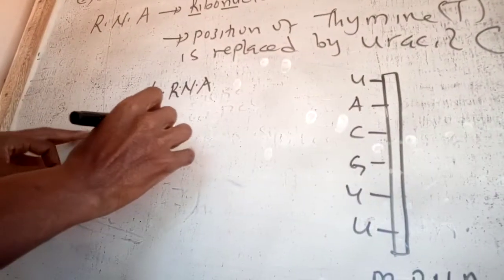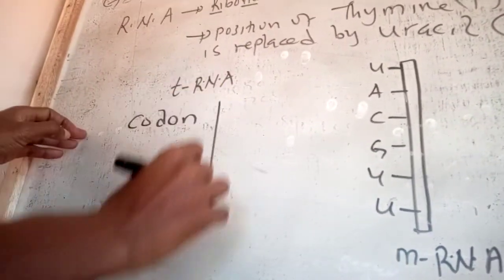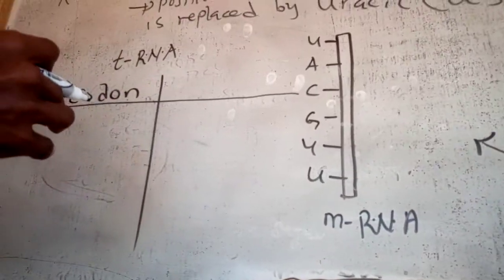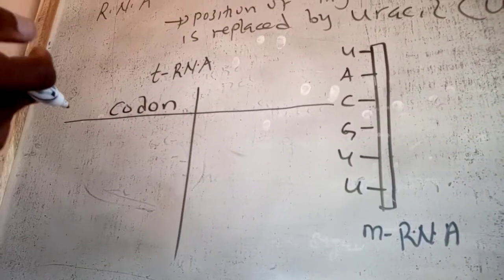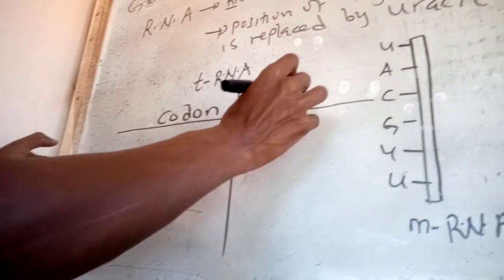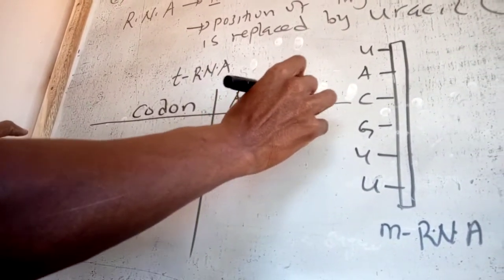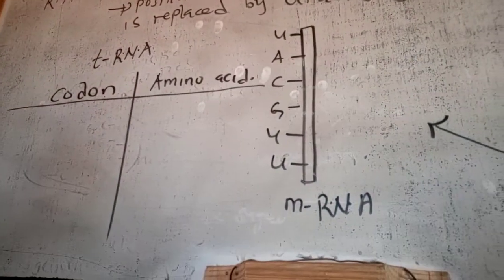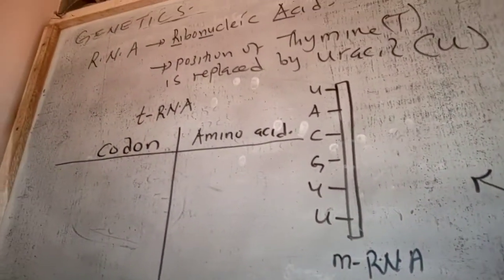The codon is normally coded for the synthesis of a particular amino acid. So we can come to the types of amino acids. We have several codons.